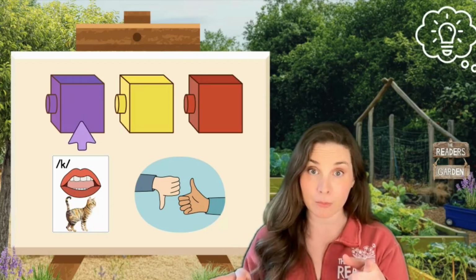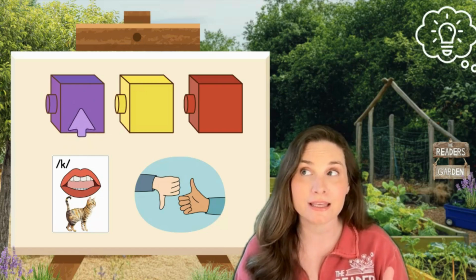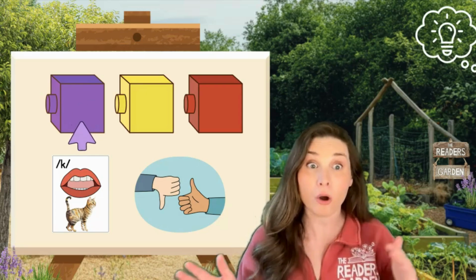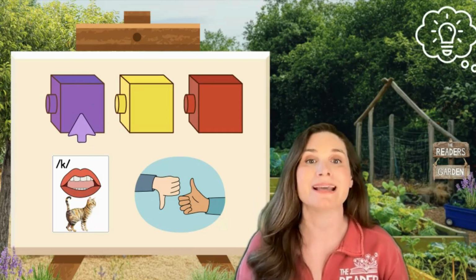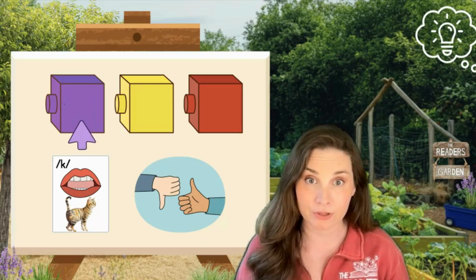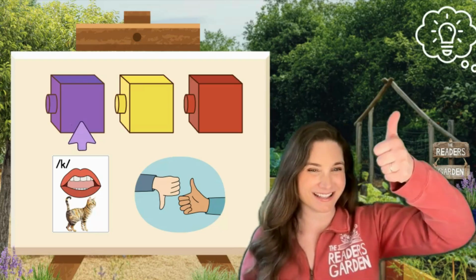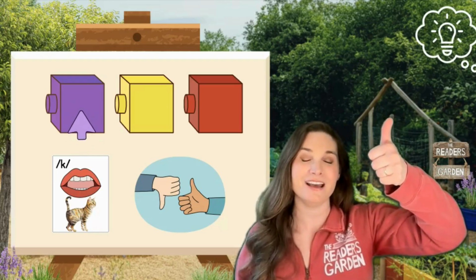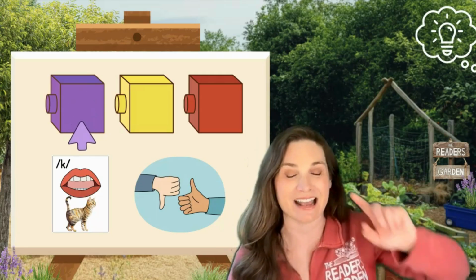Say cab. Do you hear the hard C? /k/-ab. Oh, I hear it. Thumbs up. Okay, and our last word is the word cape, /k/-ape, cape. I heard it. Good job. We spotted, and well, spotted with our ears, that hard C sound.